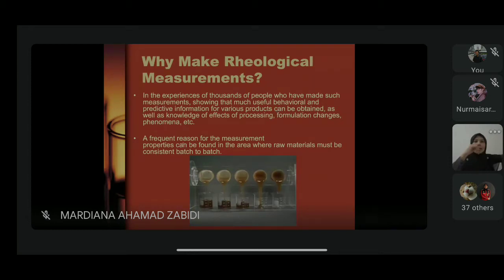Okay. So a frequent reason for measuring these properties can be found in areas where raw materials should be consistent from batch to batch. Even for the finished product also, it needs to be consistent from batch to batch. Okay, contohnya if let's say the company is producing honey, for example, we have certain issues.